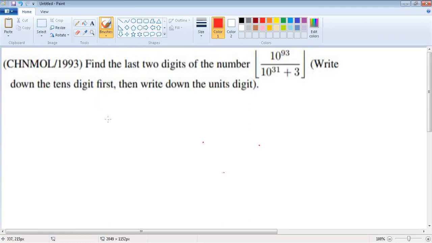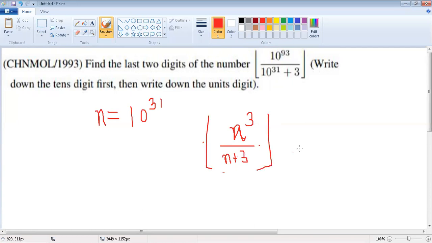So for this question, we assume n to be equal to 10 to the power 31. This makes our work easier. How? Indirectly we have to find the GIF of n cubed by n plus 3.